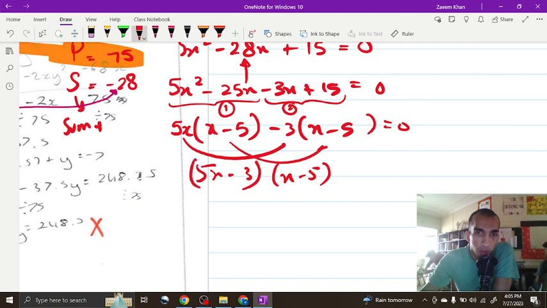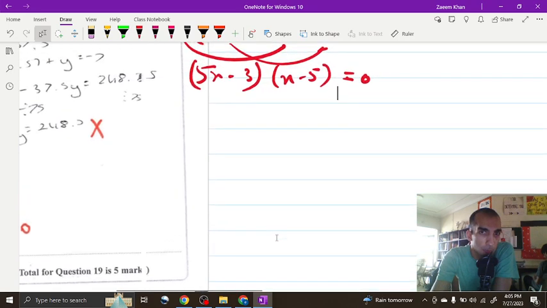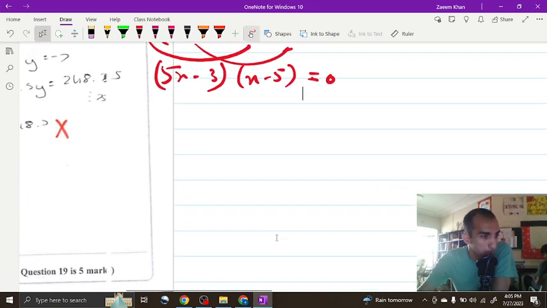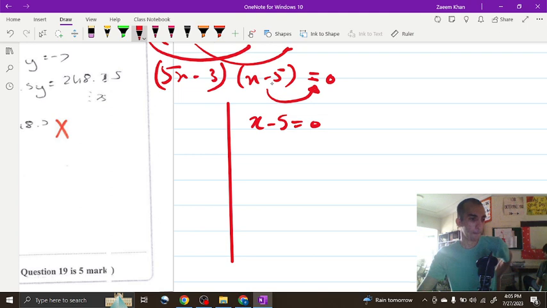Both of them are equal to 0. What do we do for the next step? We write both equal to 0. And what's the other one going to be? 5x minus 3 equals 0. Excellent. x is equal to 5.